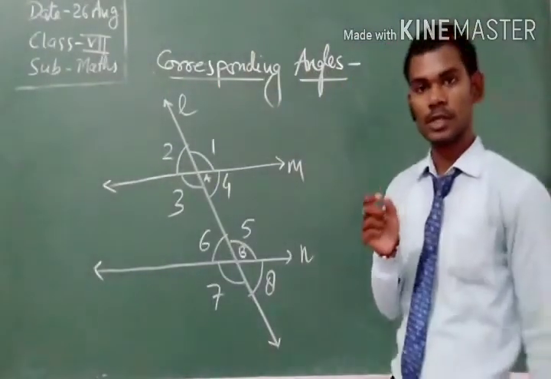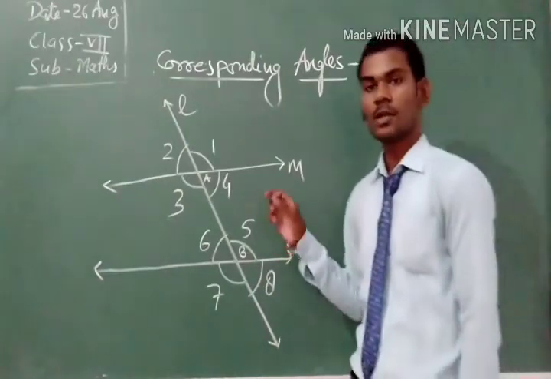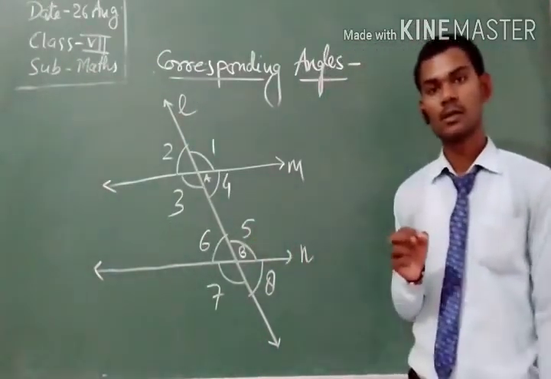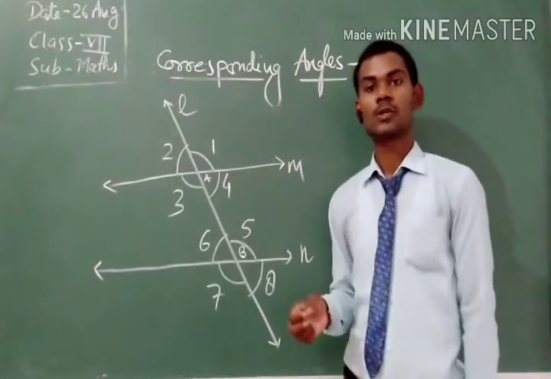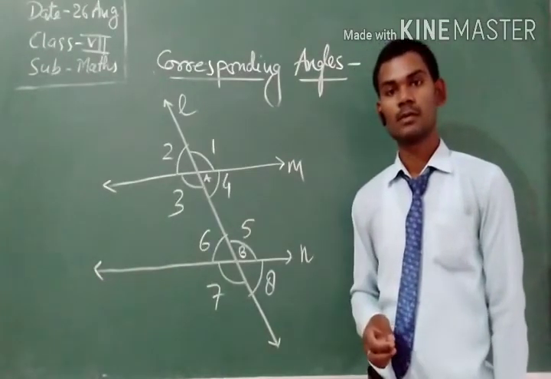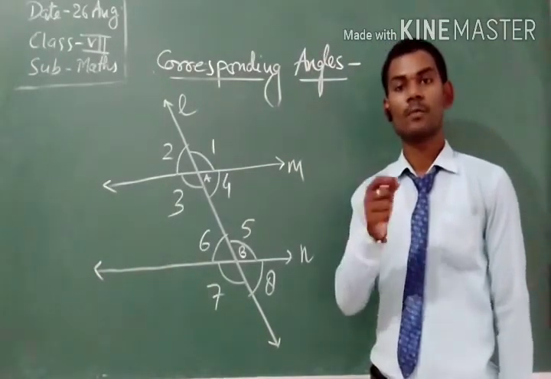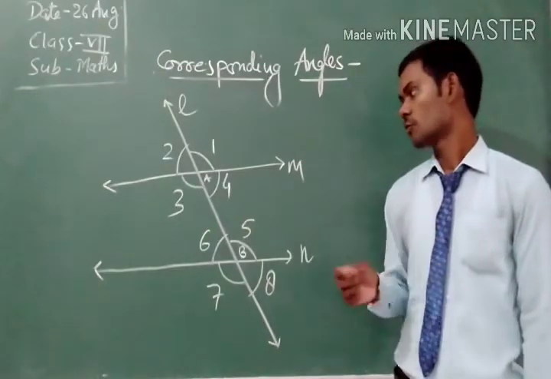So the given figure is here, in which we have to verify that when a transversal cuts two given lines, then four pairs of corresponding angles are formed.